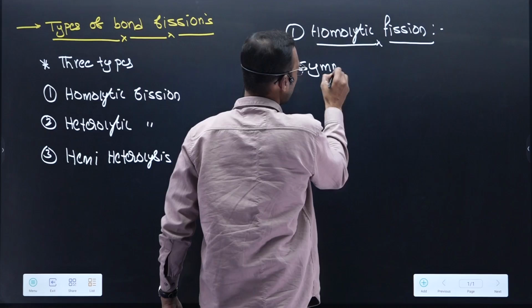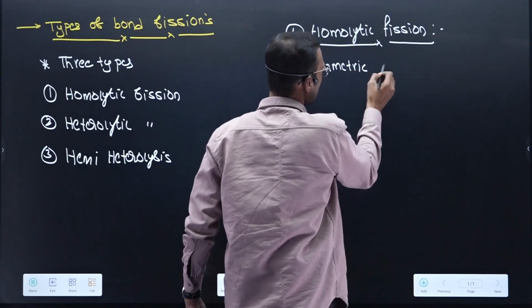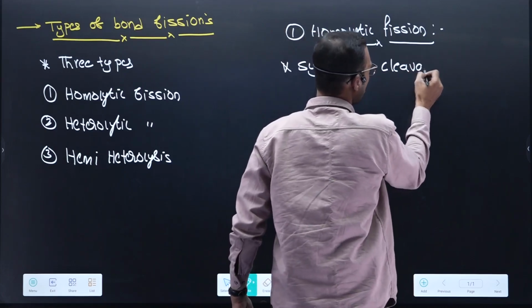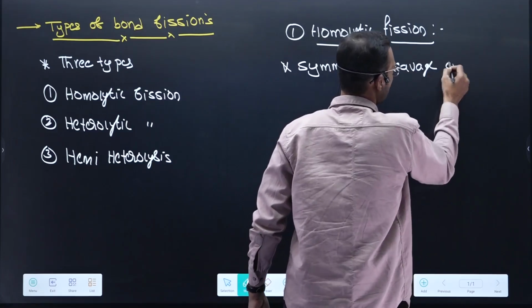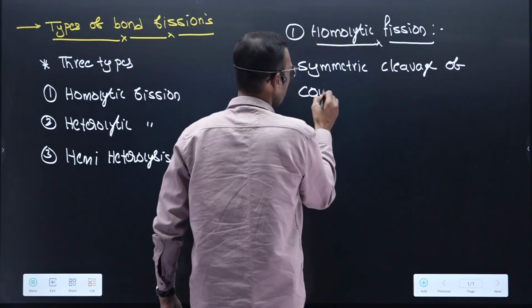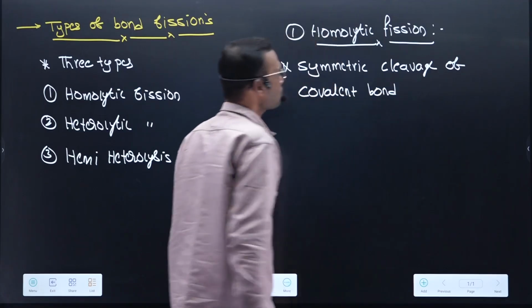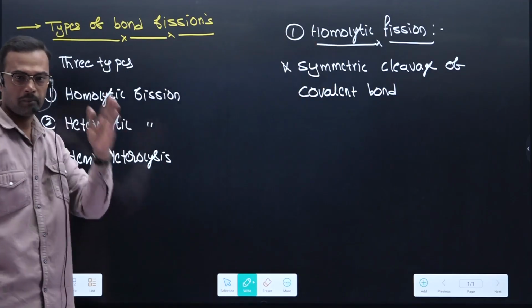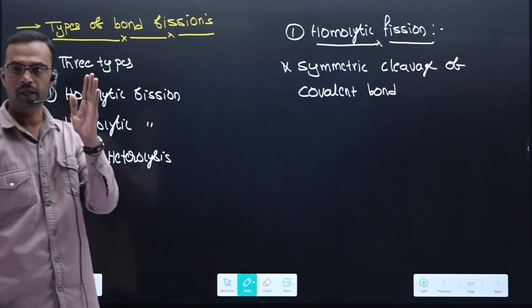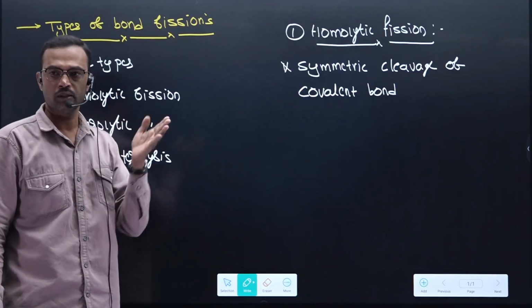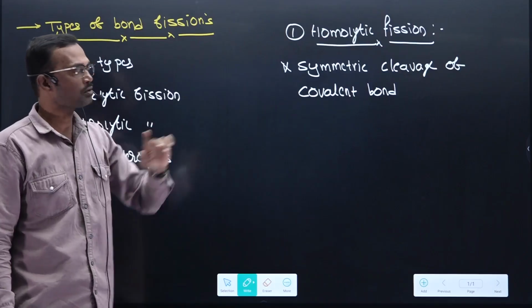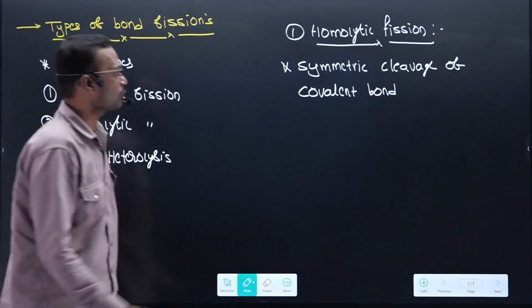Generally we can define it like this: symmetric cleavage of a covalent bond. I am cleaving the covalent bond symmetrically, breaking it equally. That is called homolytic fission.